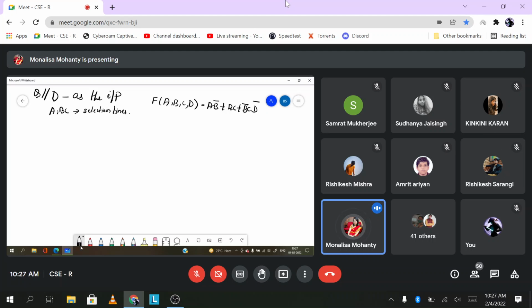In that case, what we need to do then? We need to express it as the summation of the mean term form. The same rule, everyone. Here, C and D are not present. Here, A and D are not present. Here, A is not present. So multiply the terms accordingly. First term by C plus C bar, then D plus D bar. Second term by A plus D.